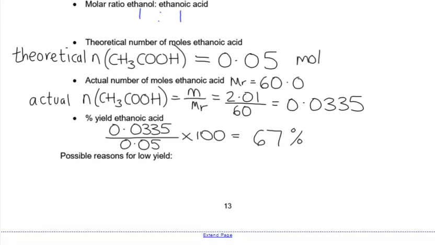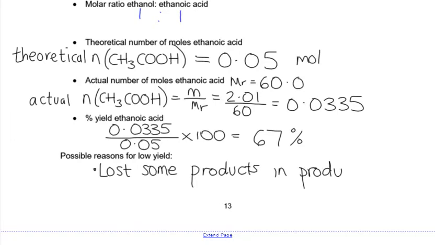So why did we not get 100%? Well, we could have lost some of our products during the reaction. So perhaps when you're transferring from one beaker to another, you'll leave some in the beaker.